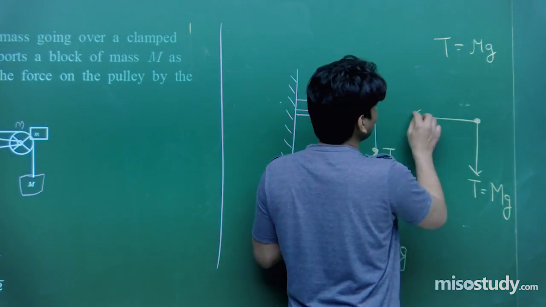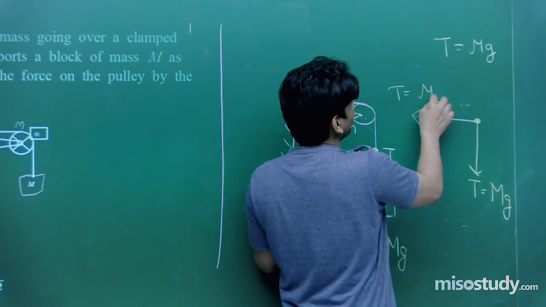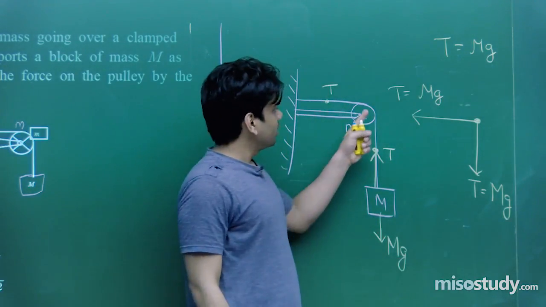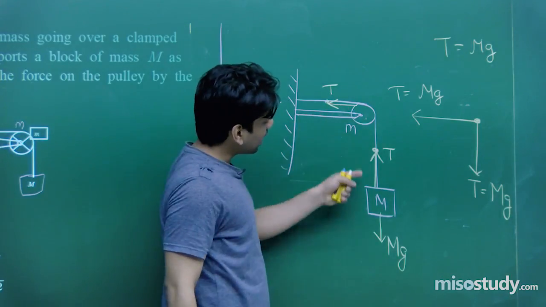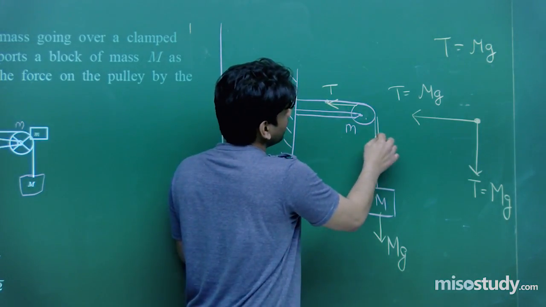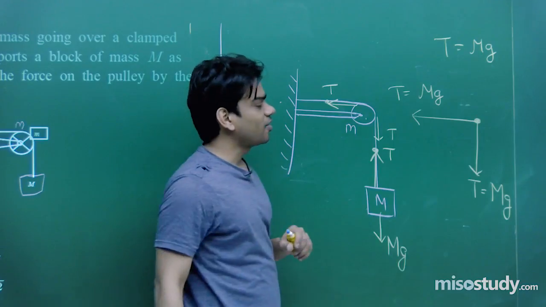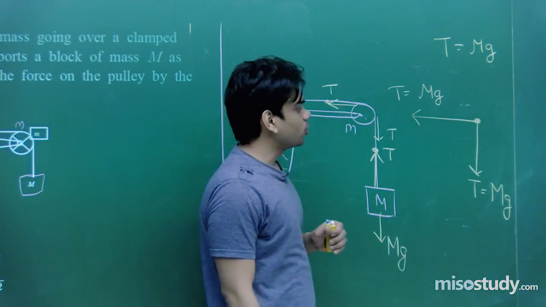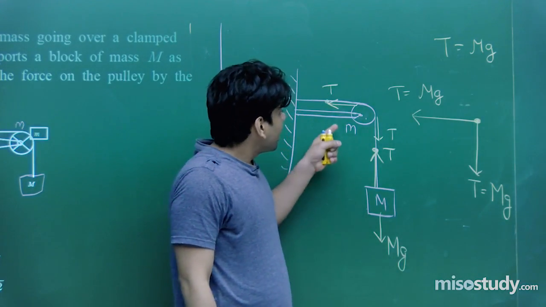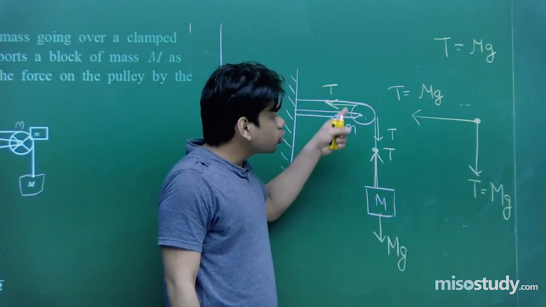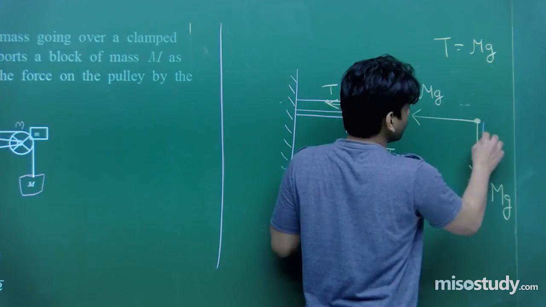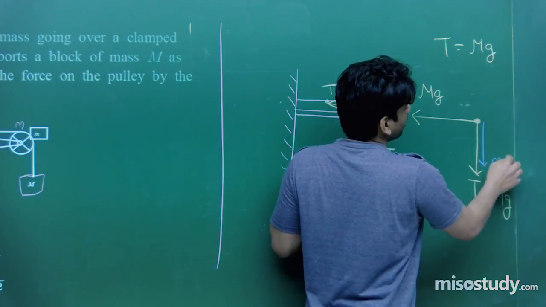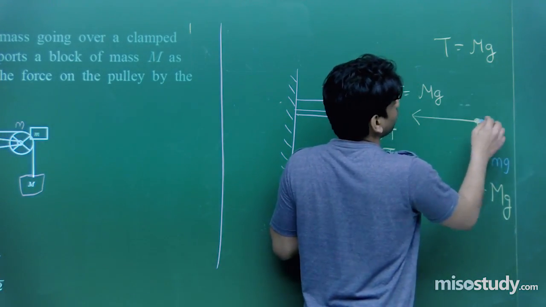Along the left hand direction, we again have one tension, that is capital Mg. Due to this part also, capital T, that is the force acting in the two directions. Small mg force will also be acting in the downward direction due to the mass of the pulley.